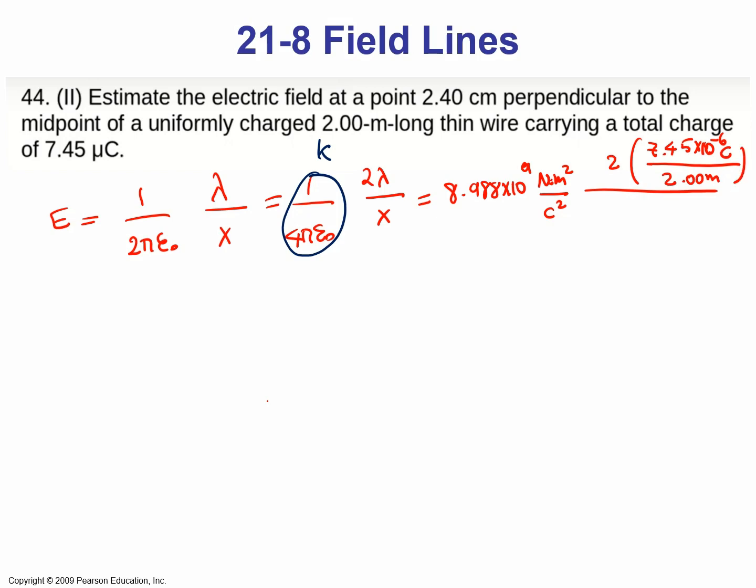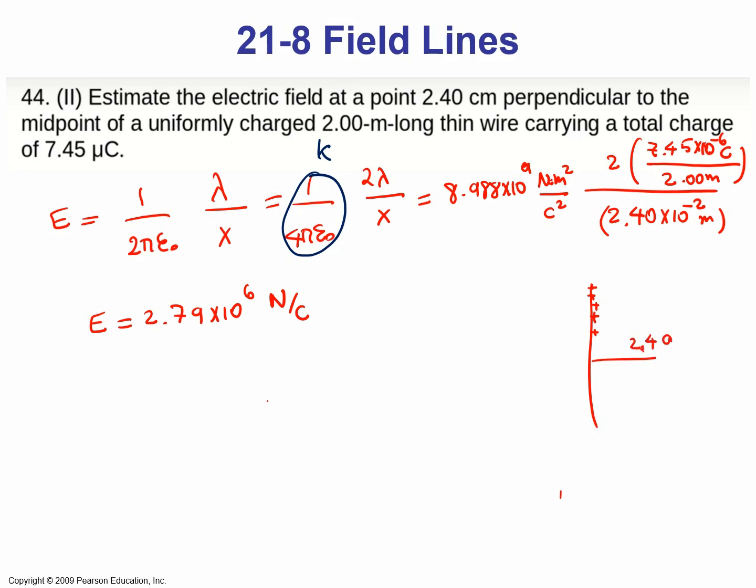Therefore we have the density, which is charge per length of the wire, divided by x, which is 2.40 times 10 to the power minus 2 meter. If we simplify everything, the magnitude of the electric field would be 2.79 times 10 to the power 6 newton per coulomb away from the wire, because the wire is carrying a positive charge, and at 2.4 centimeter away from it, the field will be away from the wire.